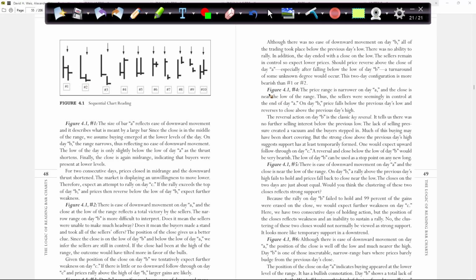Now figure 4.1 number 4, the price range is narrower on day A and the close is near the low of the range.